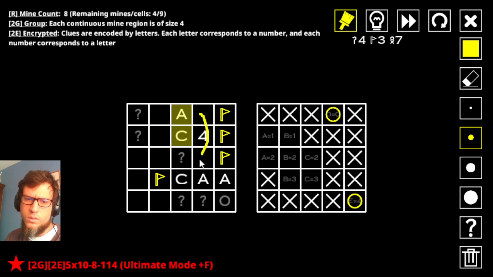Well, hold on. It's one or the other. Okay, let's say A is 1. If A is 1, then we get this situation, and then both of these are gone, and there's no way. Well, no, C could be 2, like this. And then that would happen. At least, right? Okay.